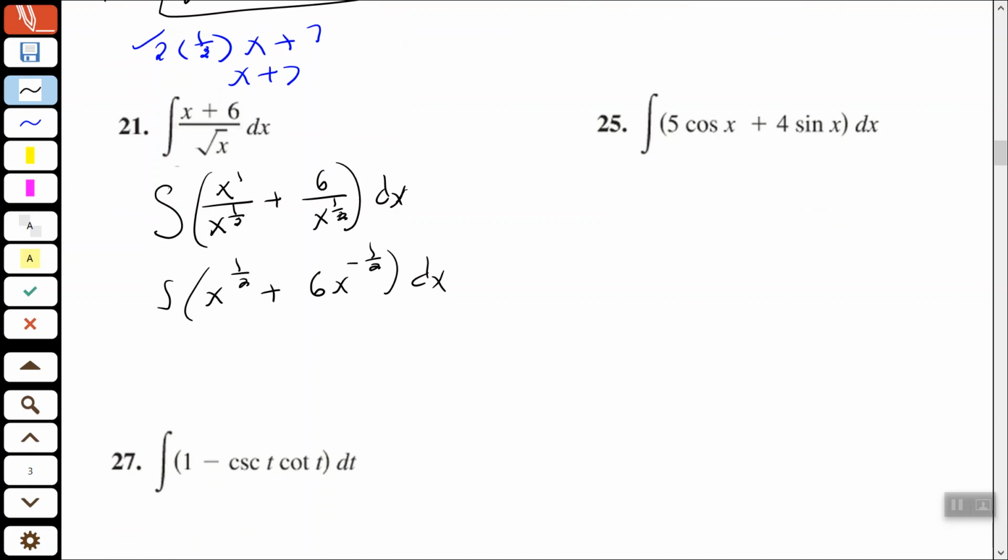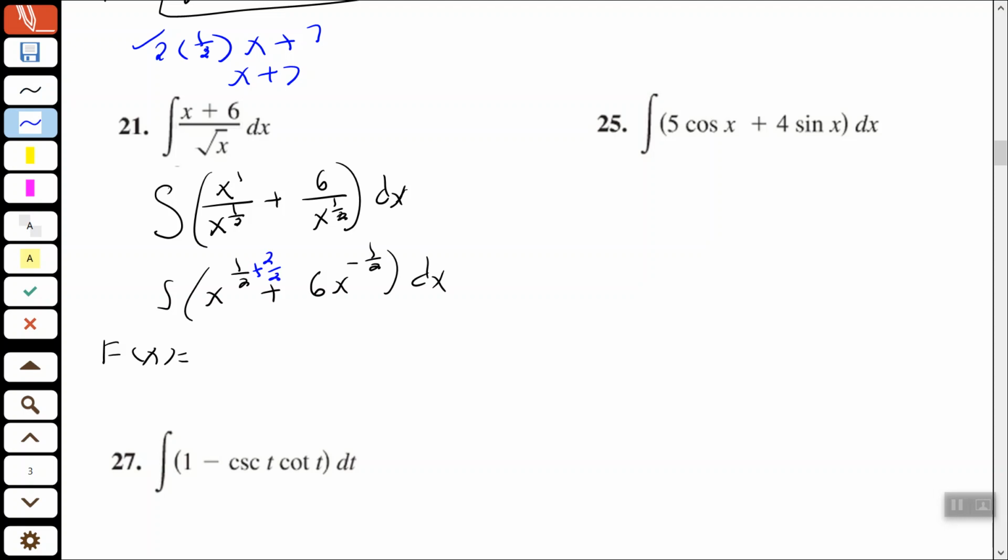And then you integrate each one of those separately. So the integration of x to the 1/2. Remember, we're going to add 1 and then divide by the new exponent. So if I add 1, that's the same thing as adding 2 over 2.